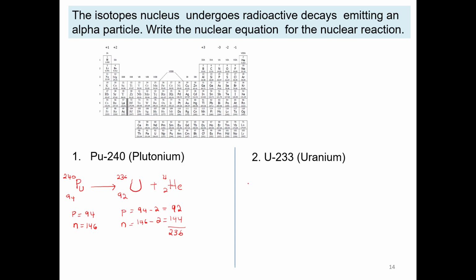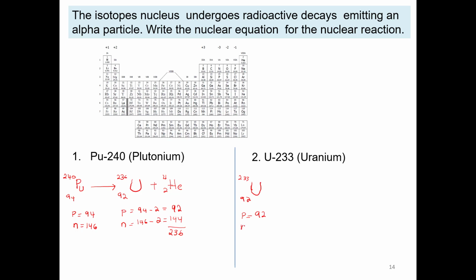And in this case, we had uranium. And we know the mass number is 233. And to know the number of protons, or the atomic number, we will use the periodic table, which is 92. So in this case, we had 92 protons.